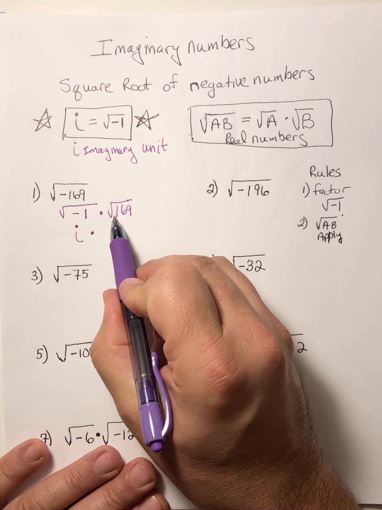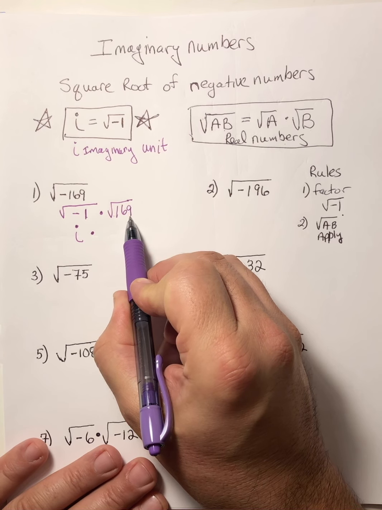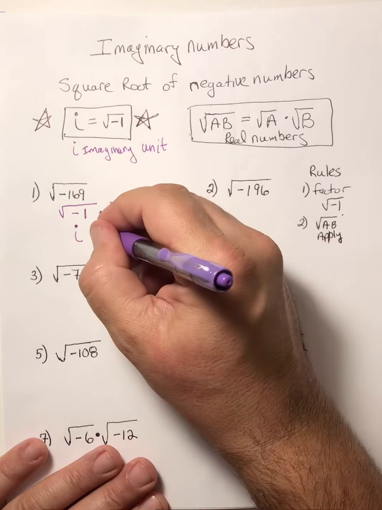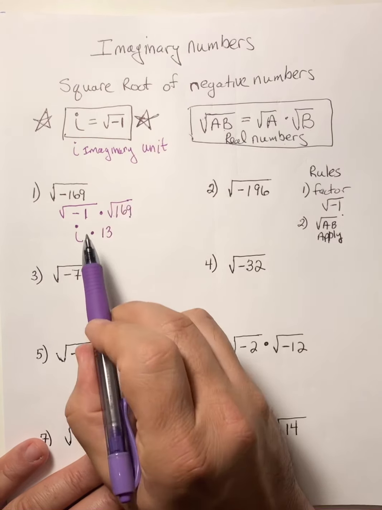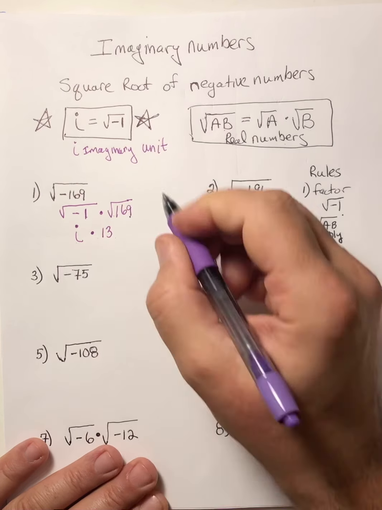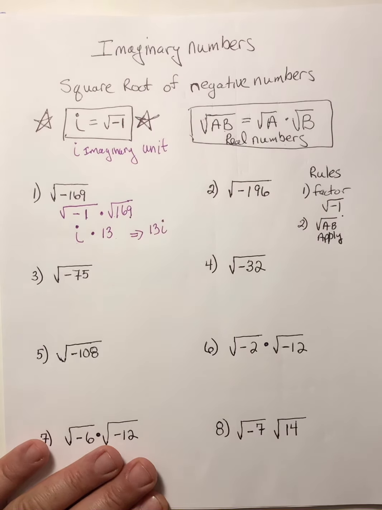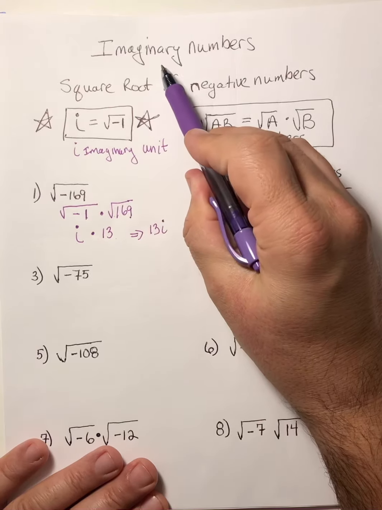Lo and behold, 169 is a perfect square. What is the square root of 169, anybody? That's 13. So we don't write I times 13, we just call this 13I. As soon as you see the I, we know it's an imaginary number.